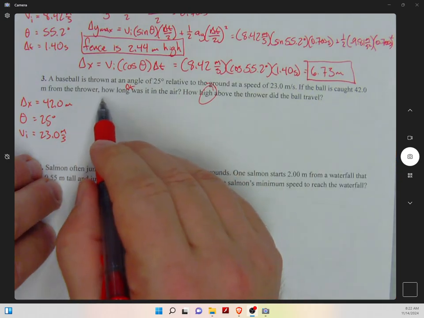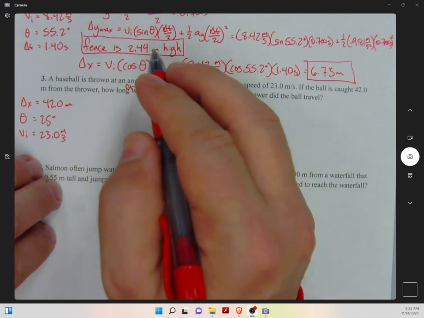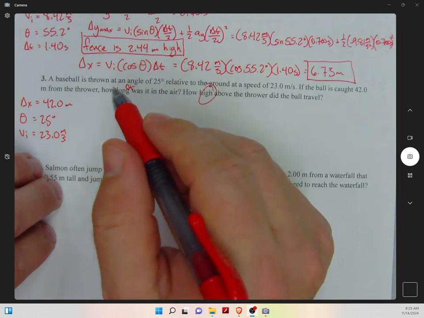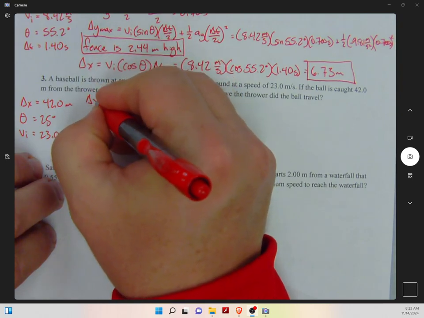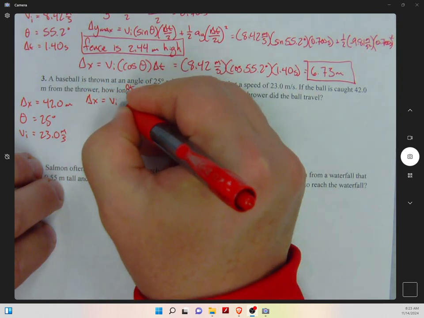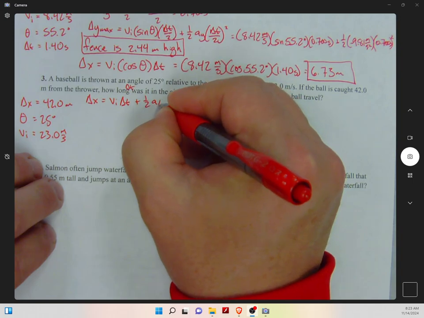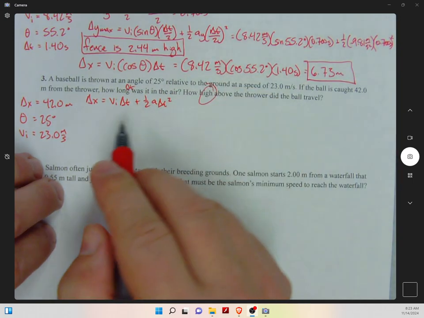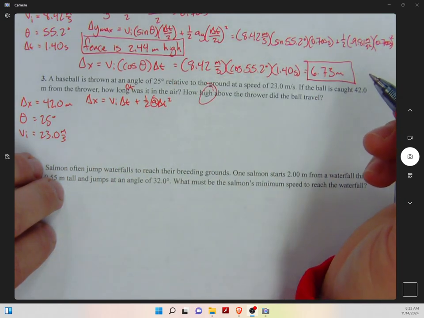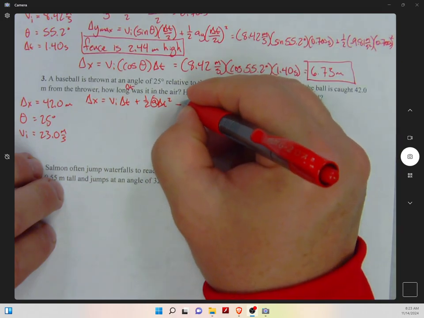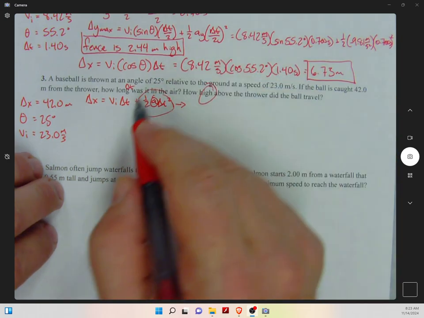Now, the first thing I'm asked is how long was the ball in the air? It's hard to do that with the y component at the moment, but it's not hard to do with the x component. Remember, delta x is equal to initial velocity times delta t plus 1/2 a delta t squared. But if we're just looking at the x component, this acceleration is 0. So I can get rid of that entire part of the equation.